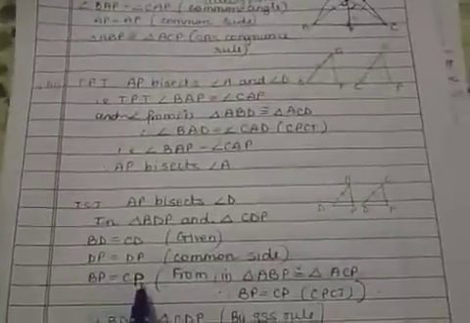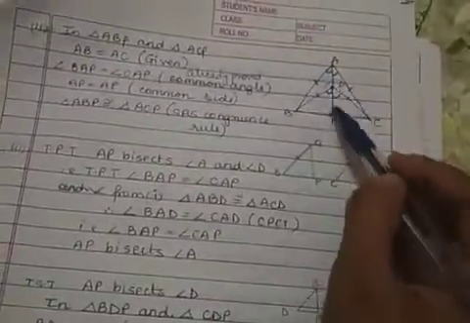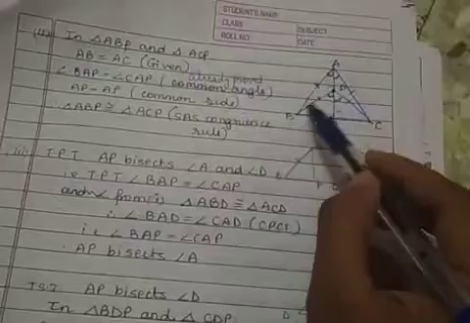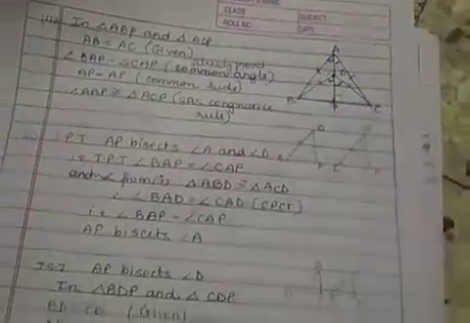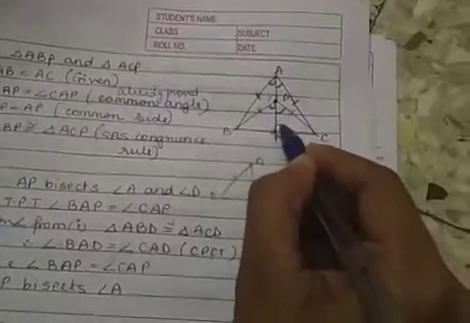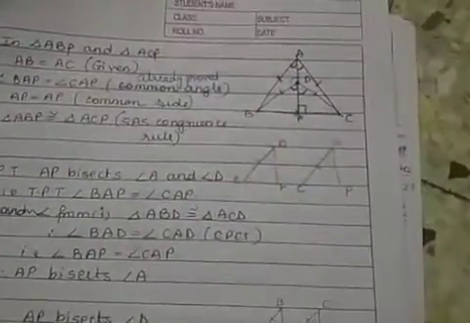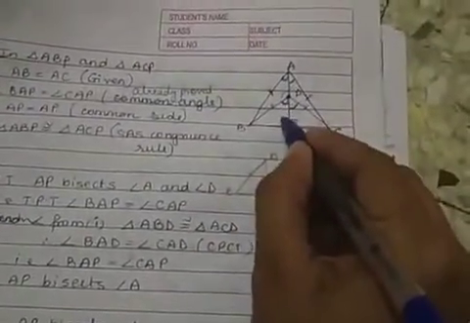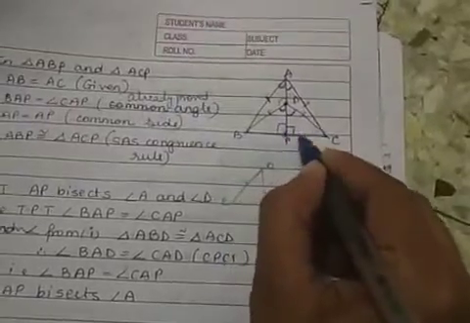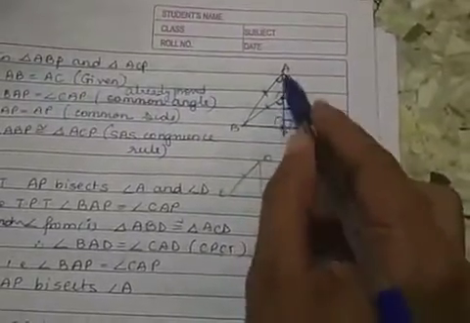Now we have already proved that BP is equal to CP because these two triangles are congruent. So by CPCT this is already equal. Now we have to show that this angle is 90 degrees. But if you see this, these two angles which are there, they form a linear pair. So the sum of these angles will be equal to 180 degrees.